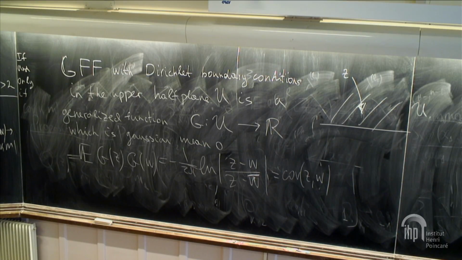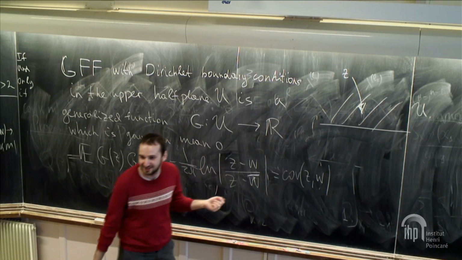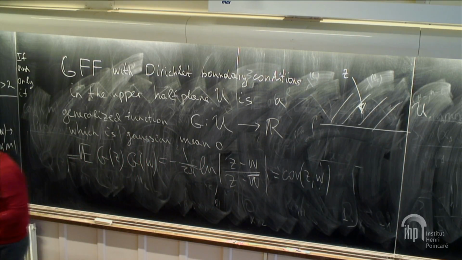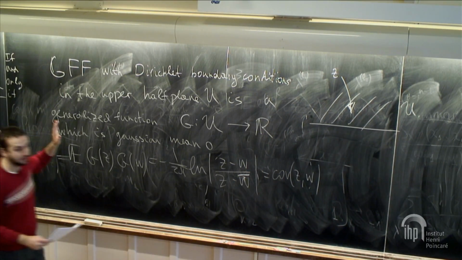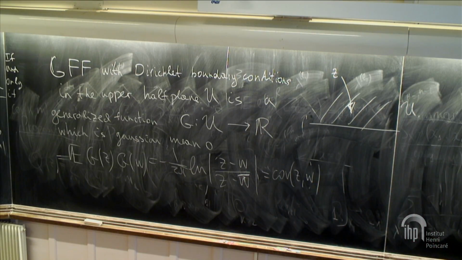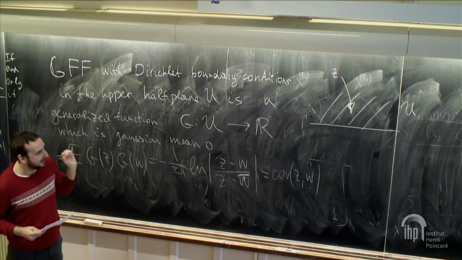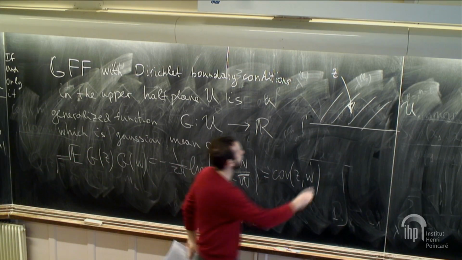Dirichlet means that it's 0, and indeed, at least when z and w are real, luckily this vanishes. So that is already good news. The trick is that it really is generalized, so it's not quite a function. You need to make sure that you understand the correct functional space where this thing lives, because it's not a usual function.